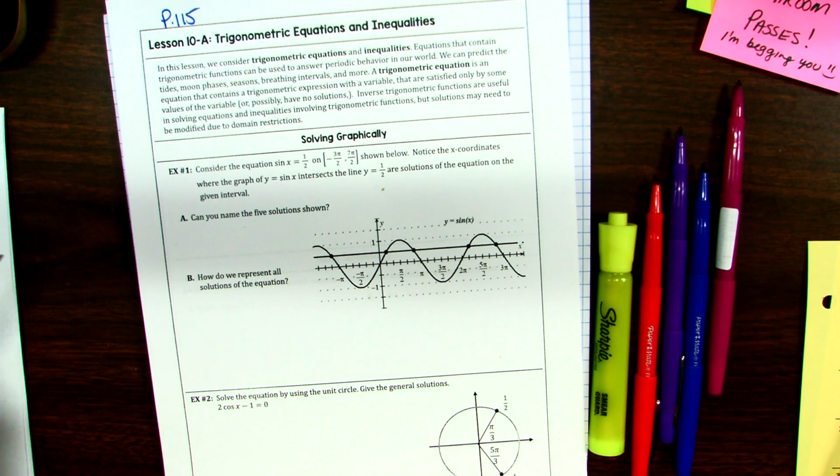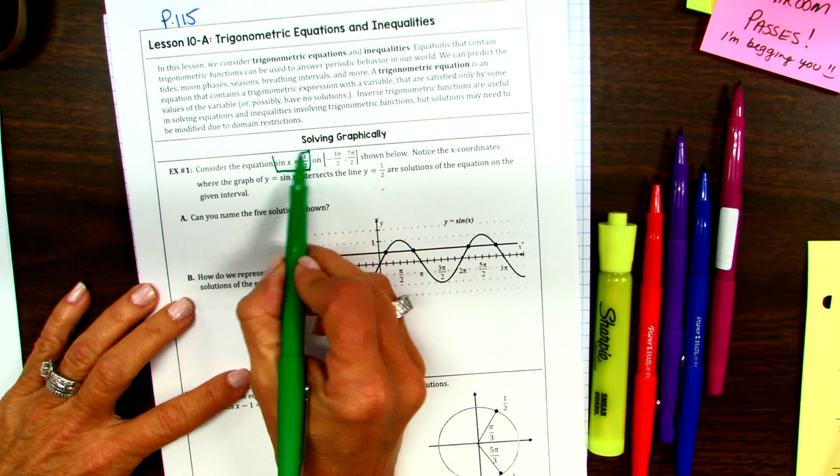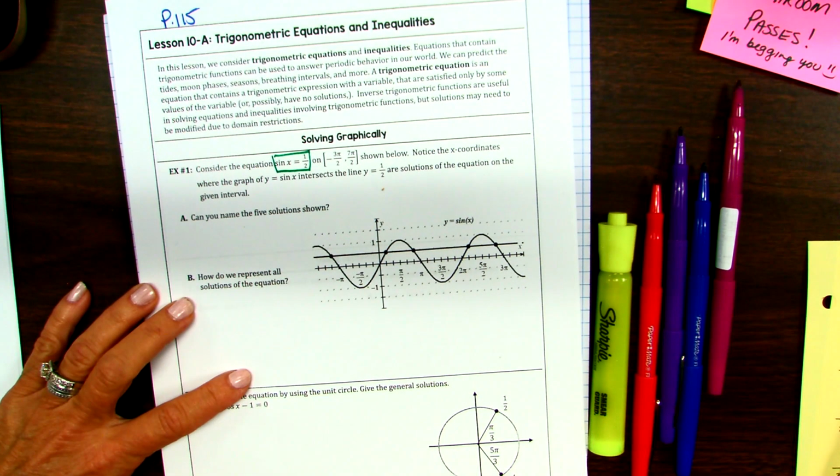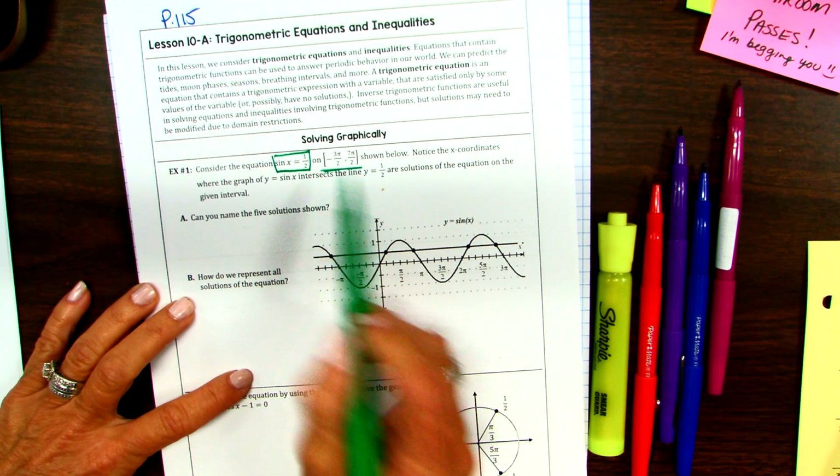So we're solving trig equations for the next few days. And here is a trig equation right here, sine x equals 1/2. An equation just means it has an equal sign in it. And what we have here is a representation of this equation on this interval of the x-axis.